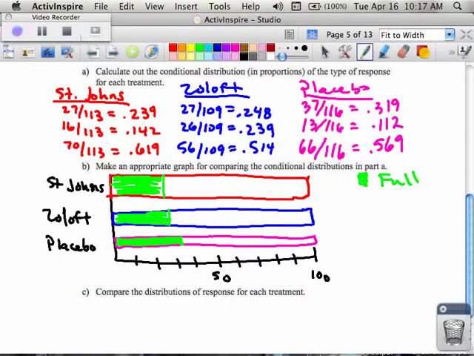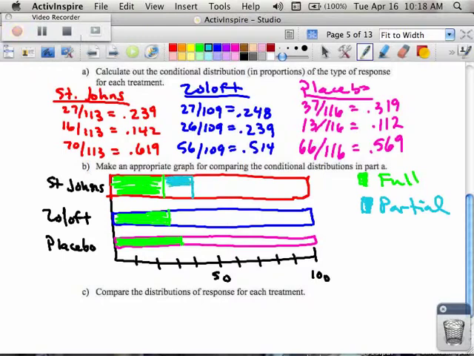And then the next part would have been, well, what about their partial? So in St. John's, if I use a different color for partial, there was an additional 14% for St. John's, so that would put me totally at 38 roughly percent.